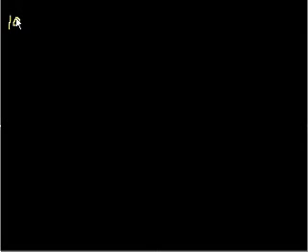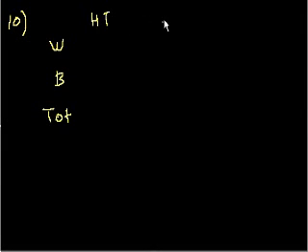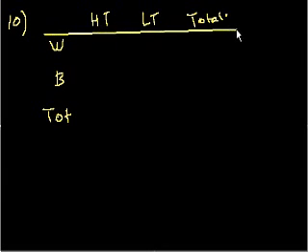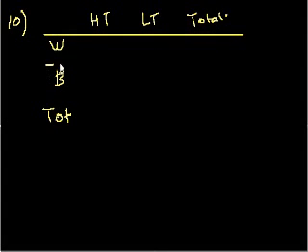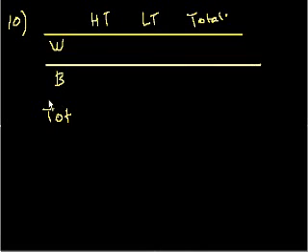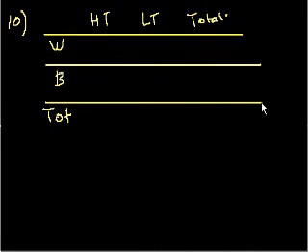Problem 10. Okay, this says Outdoor Sneaker Company's July production. So we have white, black, and then total. And then they have high tops, low tops, and then total. I don't know if people even wear high tops anymore. I used to, I guess for basketball.